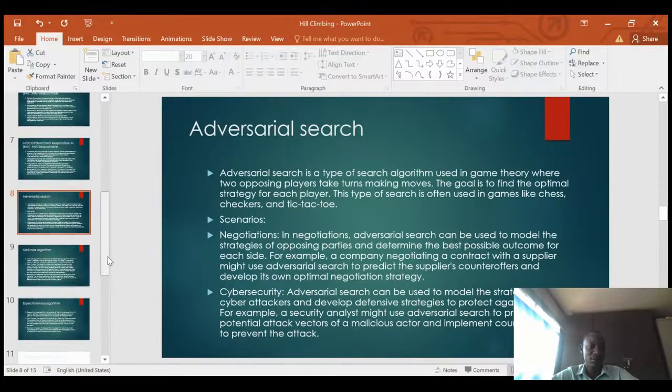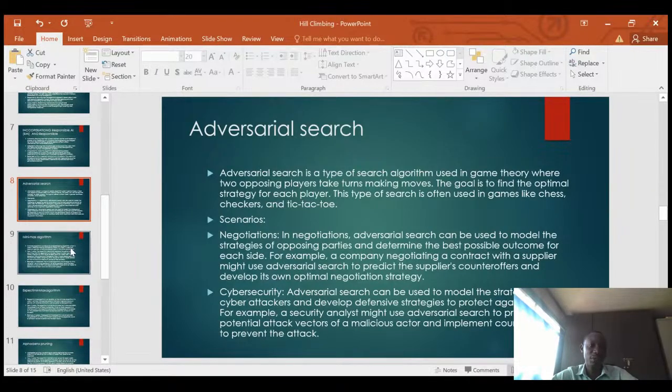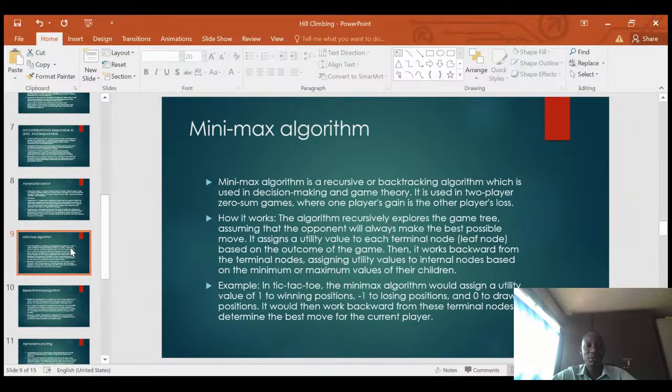Now, the B part of the question was all about the minimax algorithm. What does the minimax algorithm, from the words mini and maximum, come from? This is just a recursive or backtracking algorithm which is used in decision making and game theory.